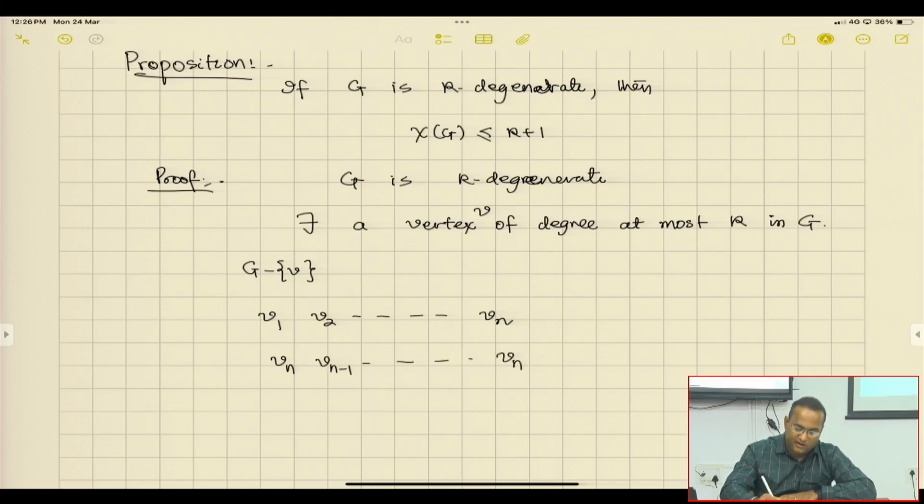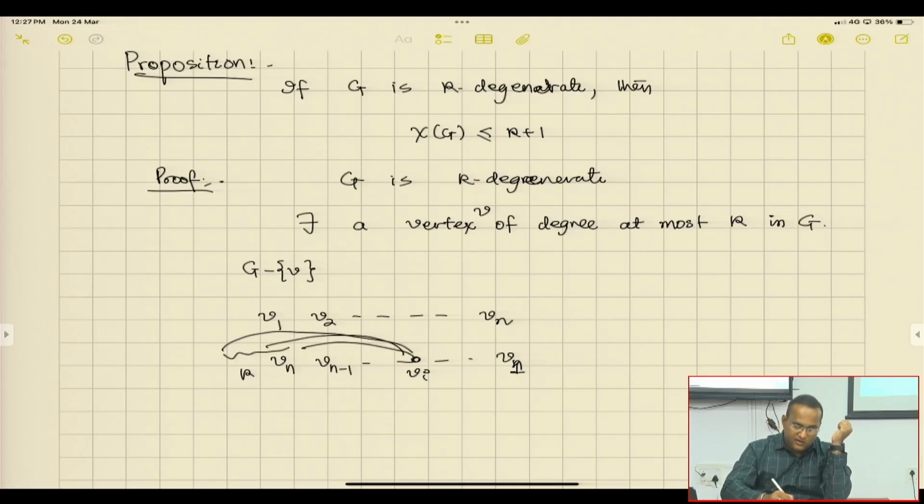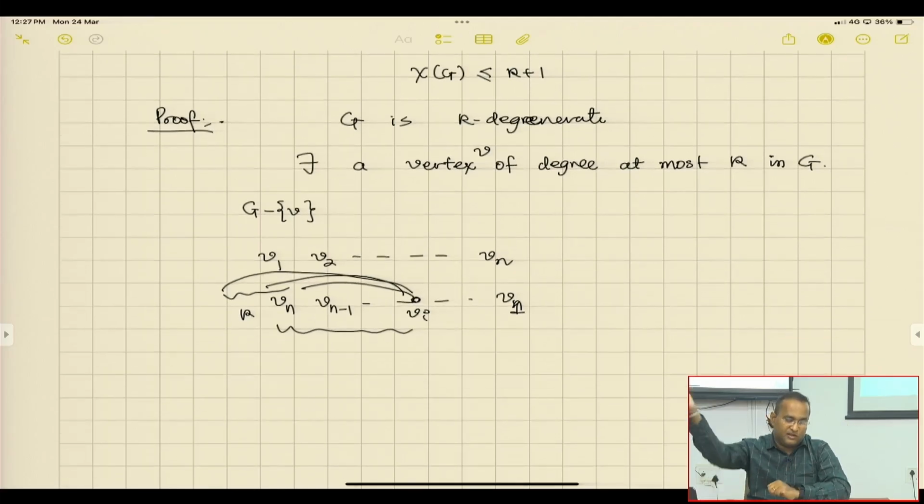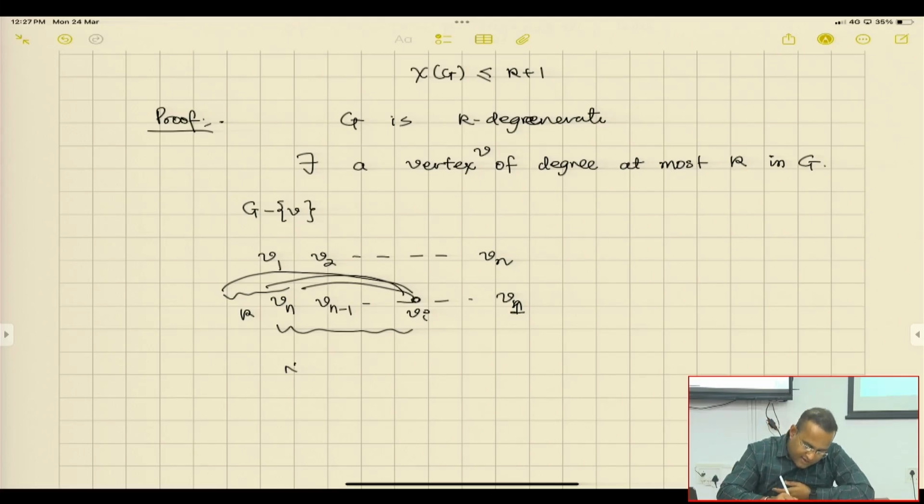Now you see this ordering. If you take any vertex vi, it is going to have at most k neighbors in this graph, the induced subgraph on vn to vi. So now I apply the greedy algorithm.